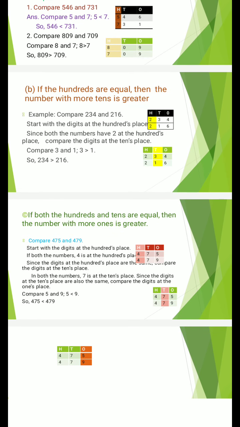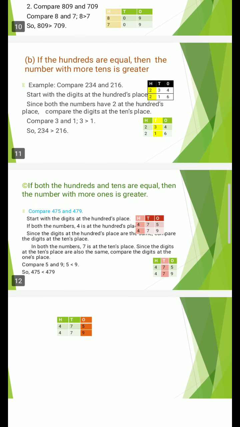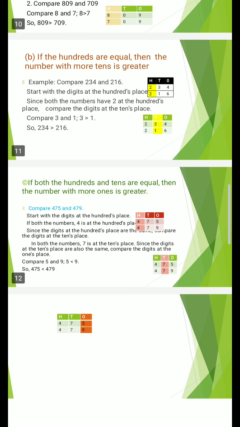If the hundreds and tens are equal, then the number with more ones is greater. Here the case includes if the given two numbers have the same hundreds place digit and the same tens place digit, then we compare the digits on the ones place. For example, compare 475 and 479.